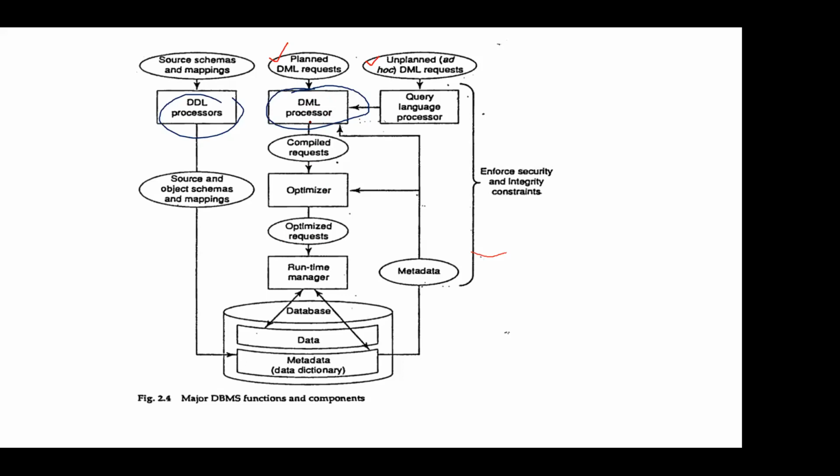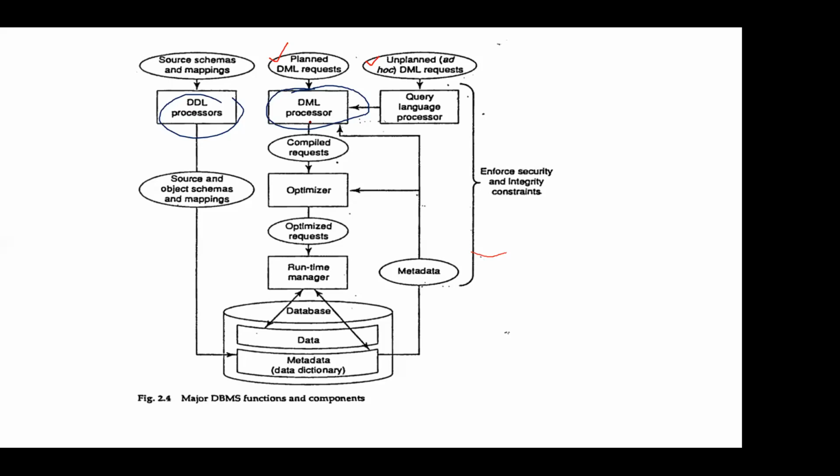A planned request is one whose need was foreseen in advance of the time at which the request is made. Normally we have a student table and we have a plan for what type of data we have to access and which condition we are going to apply. Suppose I want to access the data of students who have a grade greater than 70%.